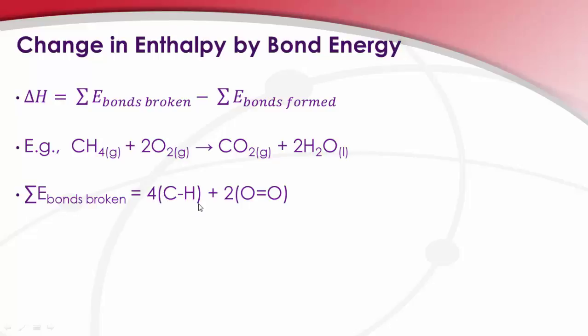We have 4 carbon-hydrogen bonds and 2 oxygen double bonds. We can look these up on our handy table and sum them all, and we can see that the energy required to take a molecule of methane and 2 molecules of oxygen and turn them into their component atoms, the sum of all those energies, would be 2,642 kilojoules per mole. So that's the energy we would need to put in.